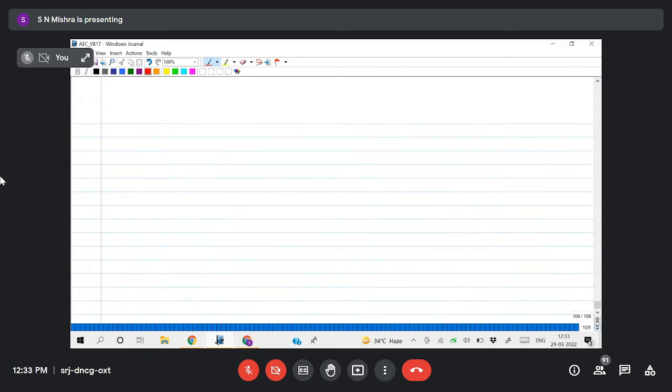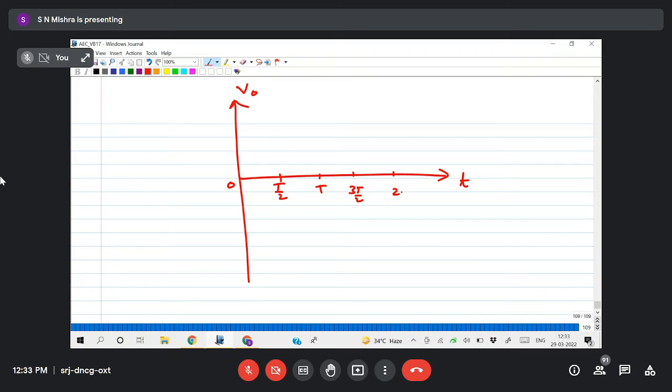Now we will draw here, taking T and V naught axes. Let us take this as my time period. So this is T by 2, 3T by 2, then 2T like this. So 0 to T by 2 means the positive half cycle.